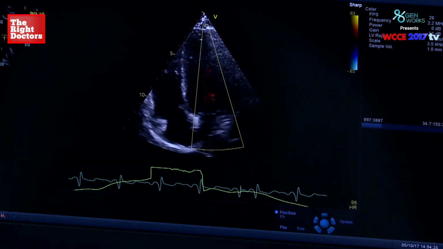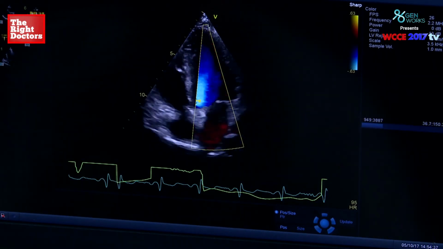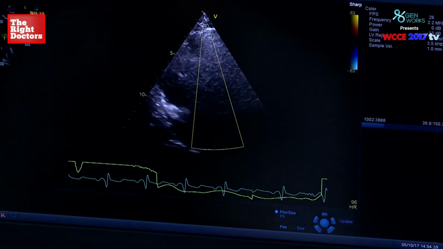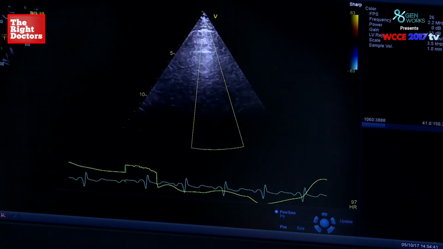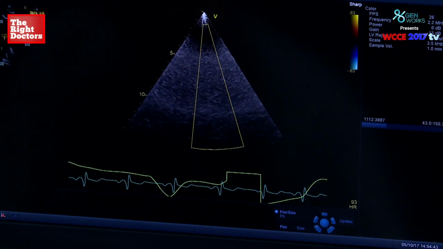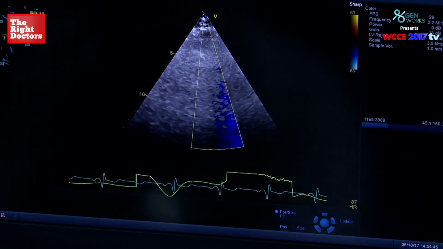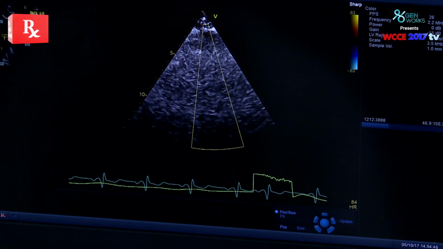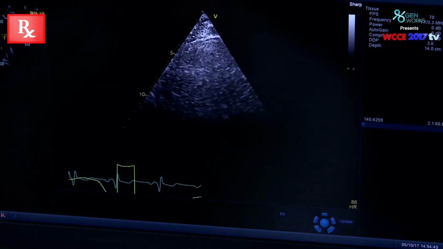So if the pulmonary valve is normal, then you put it on the IVS side and see if the turbulence is there. So turbulence is a mixture of colors besides red and blue, and it is known as a mosaic pattern. So wherever you see turbulence, it indicates that it is a disease process.